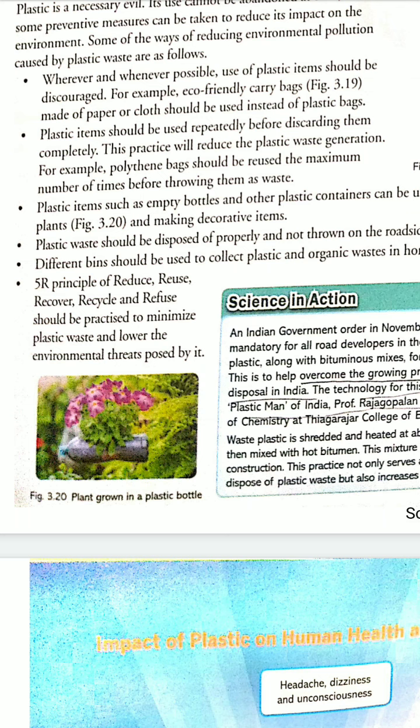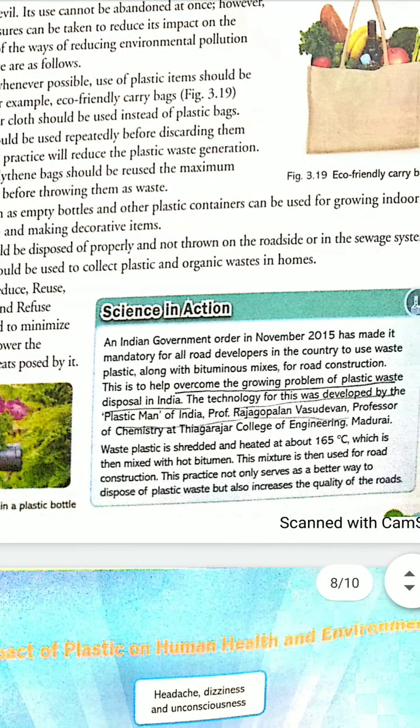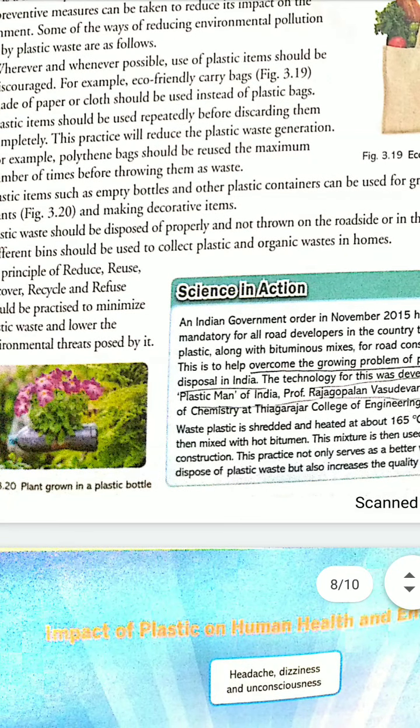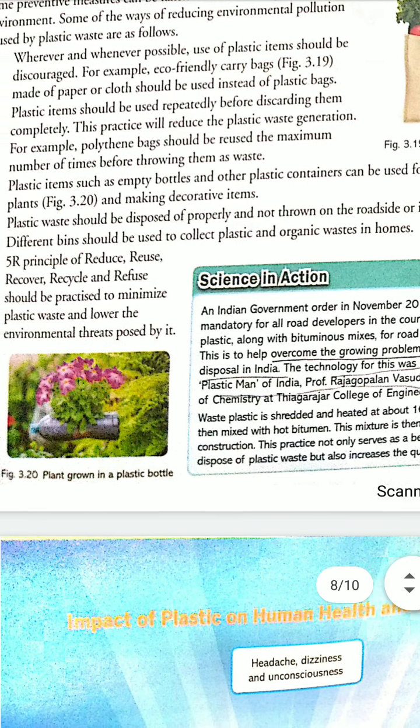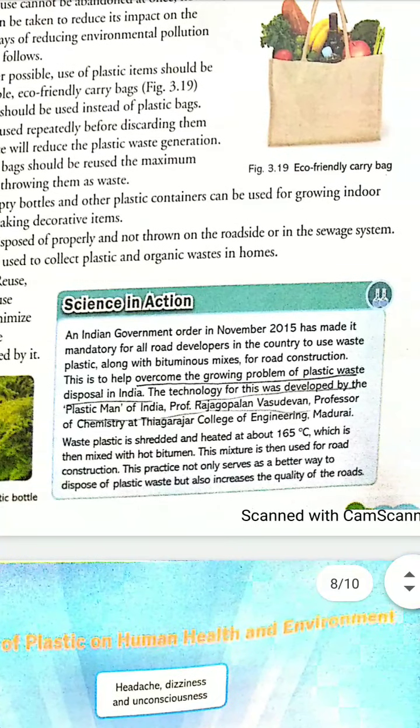Then empty plastic bottles and containers should be used for growing indoor plants. We can fill soil in them and make a decorative piece and plant many plants in them, isn't it?